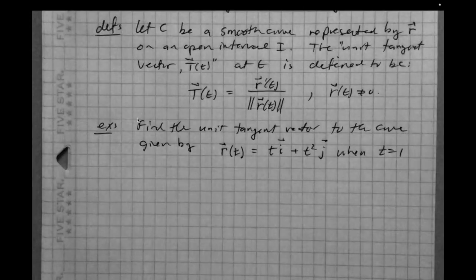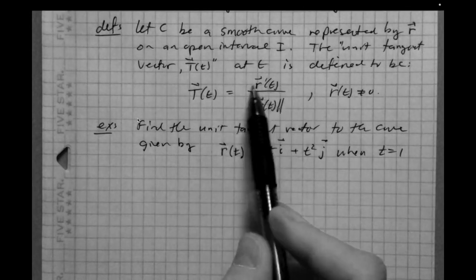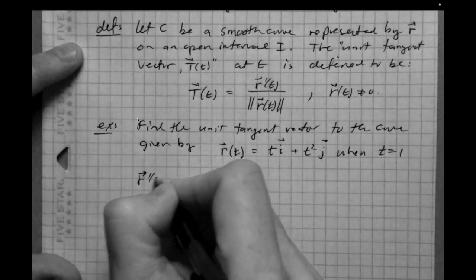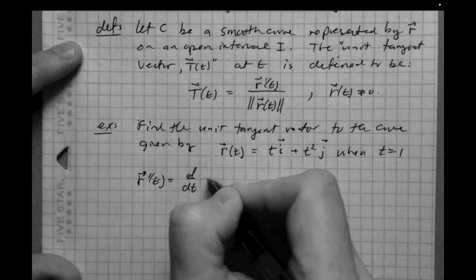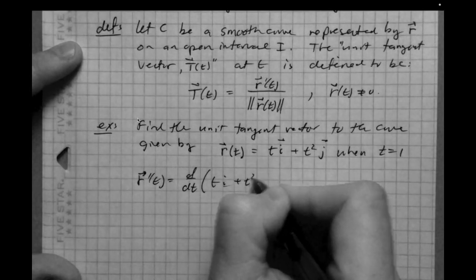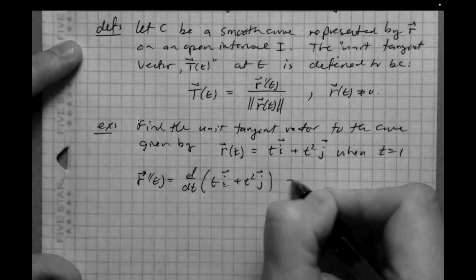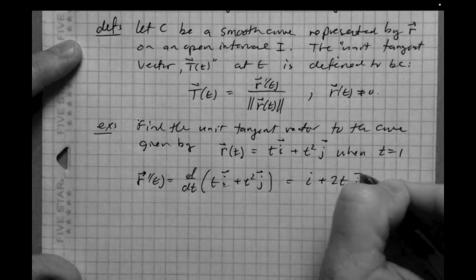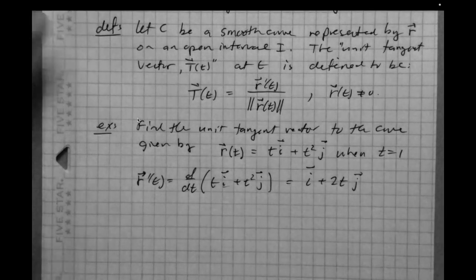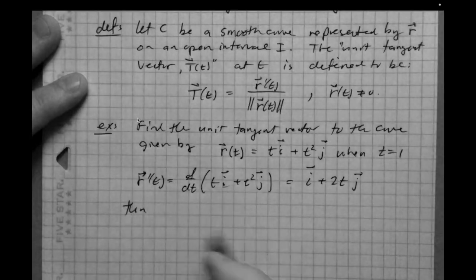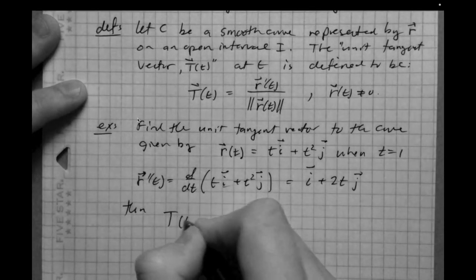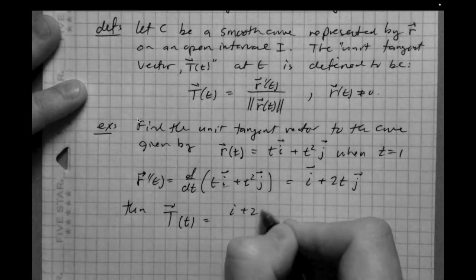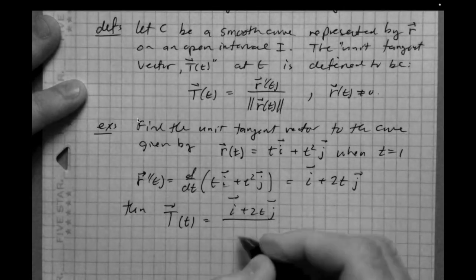So we're going to need the derivative. We'll first start by calculating the derivative. That's just a simple matter, and you're going to get i plus 2t j.